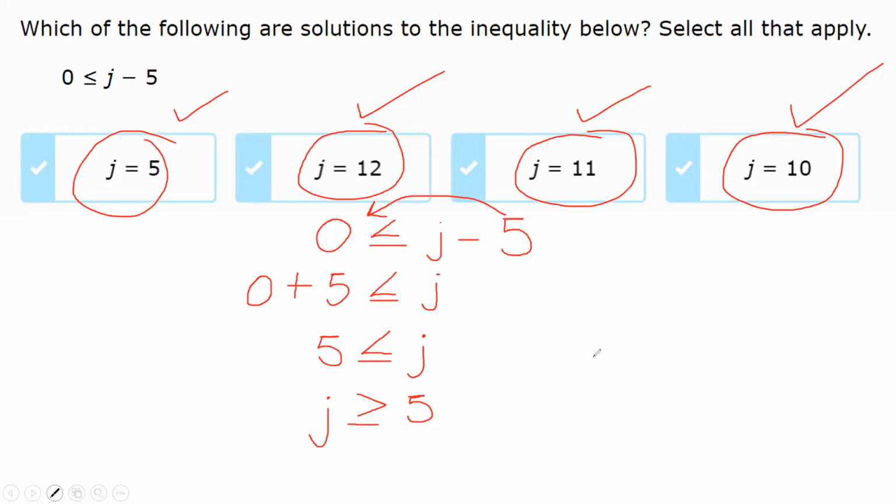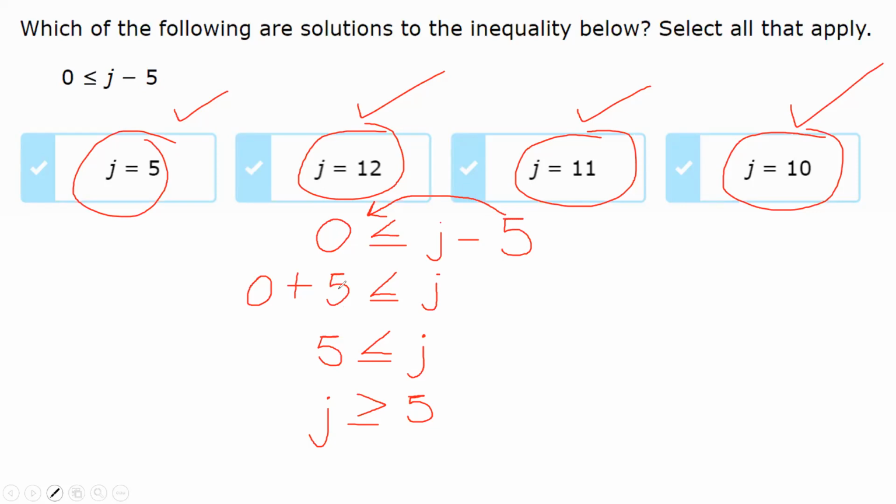Do you remember how to solve linear equations, when you would send the values over? It's very similar to linear equations. So basically, we're trying to make J the subject, right? But in this case, we have an inequality sign. So when we send it over, it was negative. Aliana, what does it become?